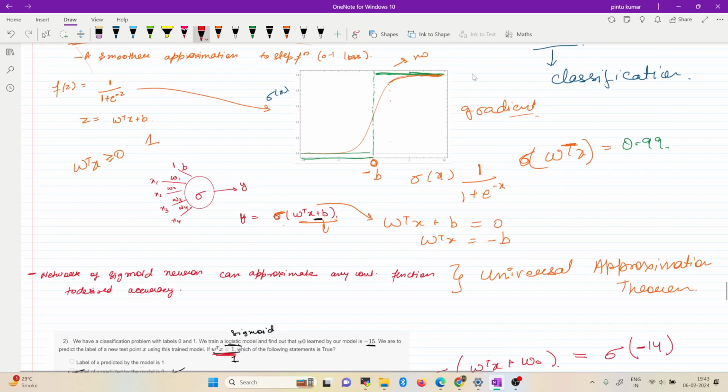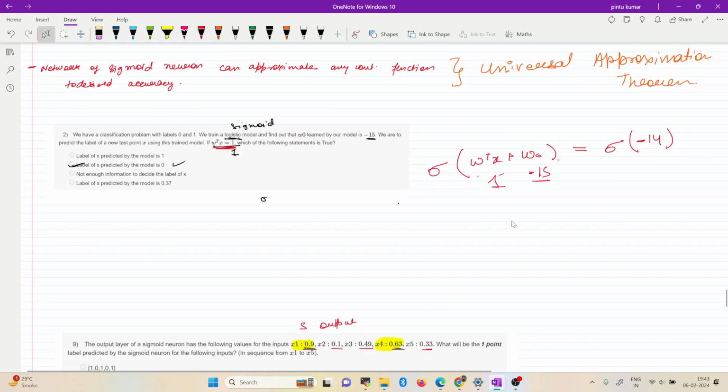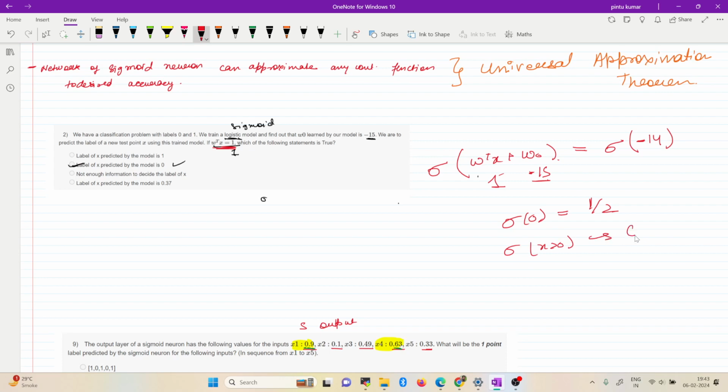Now I just drew the graph of this sigmoid function but didn't tell you exactly what happens. For the sigmoid function, if you have 0, you get half. If you have some positive values, let's say x greater than 0, then you get values close to 1. If you have x less than 0, then you get values close to 0.